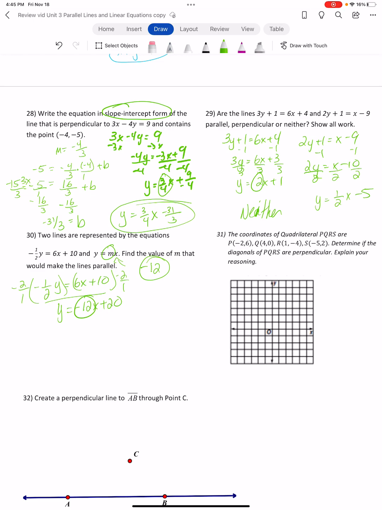And not last but not least, the coordinates of quadrilateral PQRS are P is negative 2, 6. Q is 4, 0. R is 1, negative 4. And S is negative 5, positive 2.